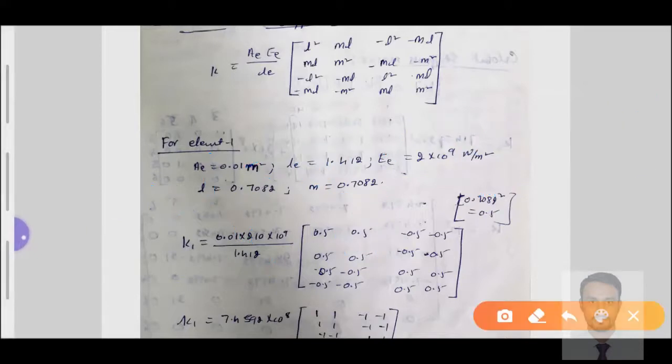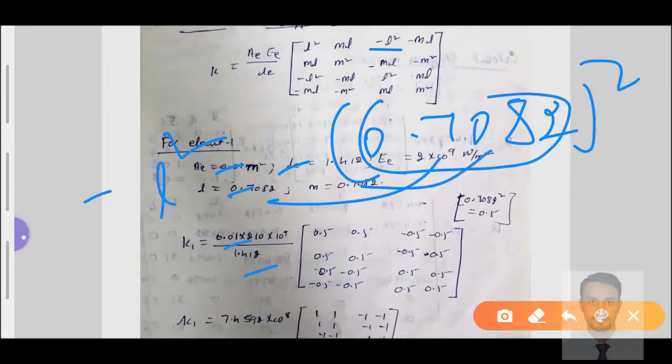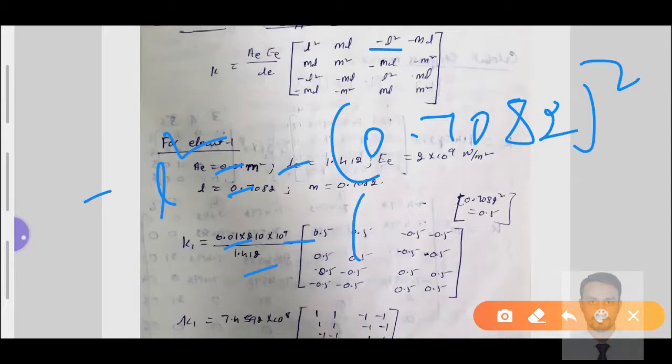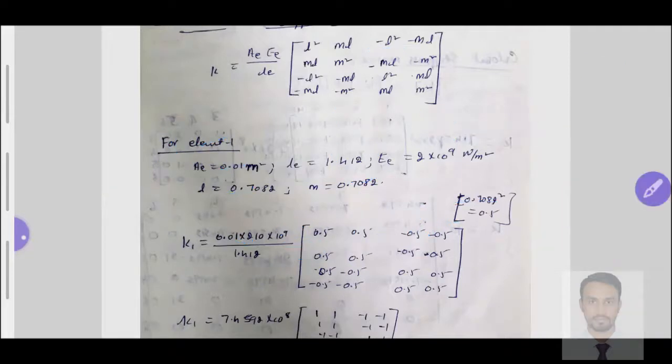But while applying the square, minus of L square is equal to minus of 0.7082 whole square, or else if it is negative. Now we have both positive. For example, if I got that value as negative, minus of 0.7082, whatever it may be, we'll get the square, which is also positive, but this will not affect, this is minus, remains minus, right?